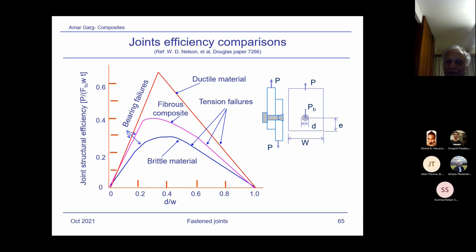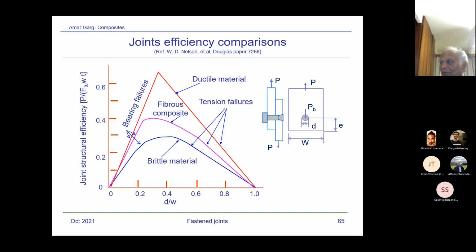However, because the density is lower, you may have a compromise solution where it may not significantly increase the weight, and beyond the joints, you have significant reduction of the weight of the structure. That is why overall the composites still provide you efficient structures compared to the metal, aluminum.